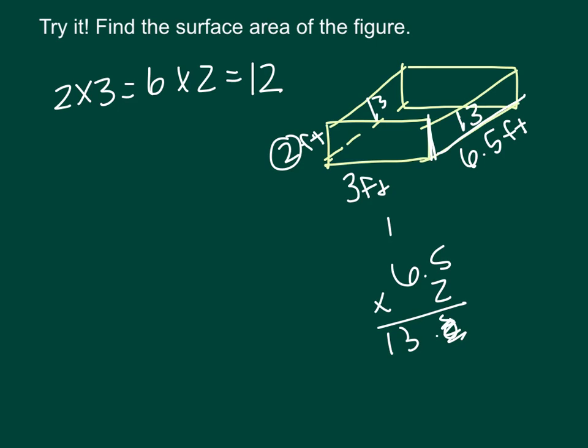Okay, but you'll notice, let's see. Hold on. Yeah. So I have 2 times 13 equals 26. And then these bases up here, the top and bottom, are a little bit bigger because they're actually 6.5 times 3.